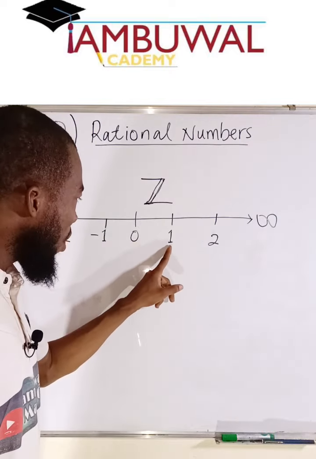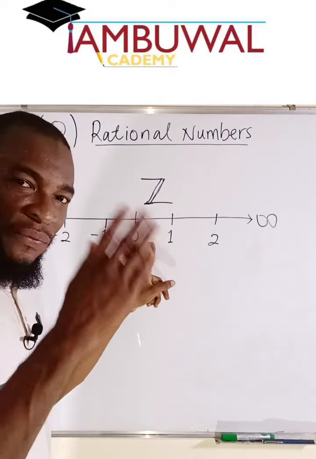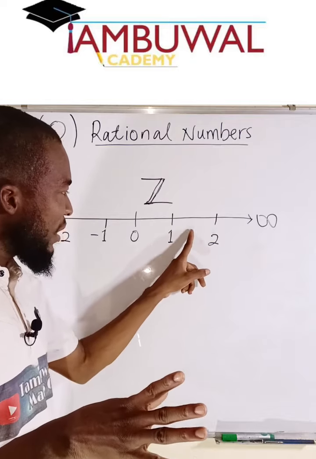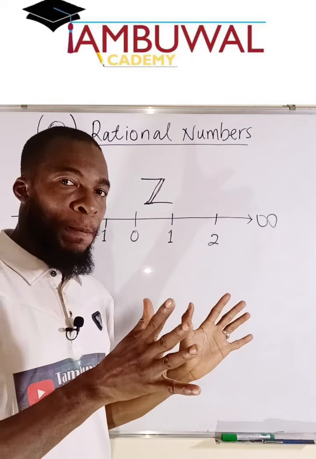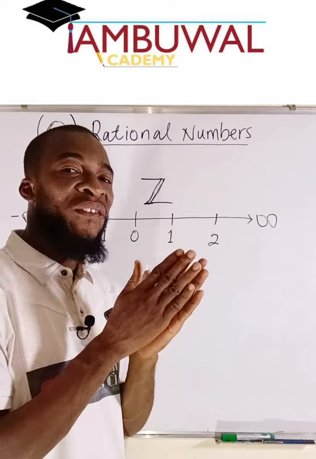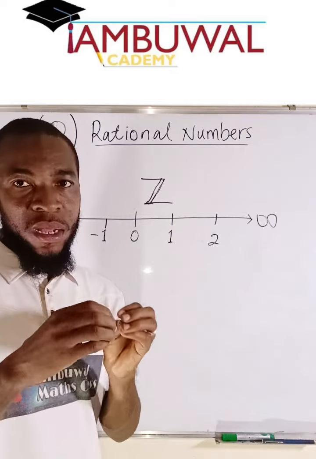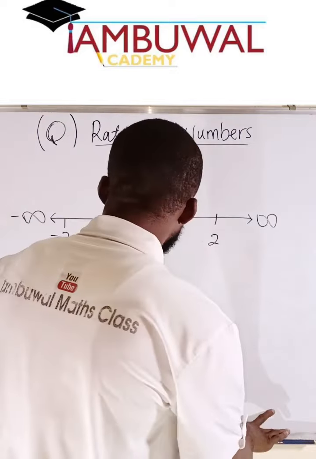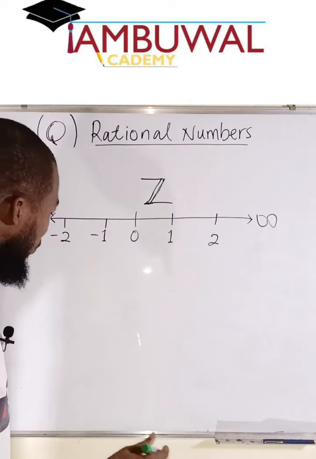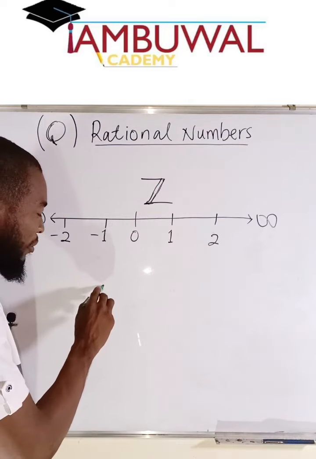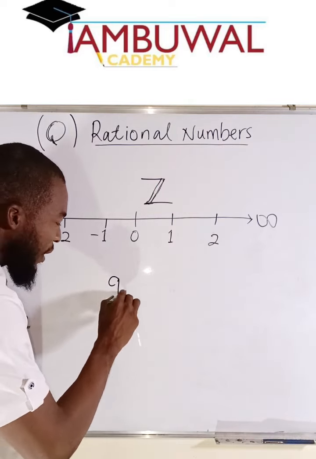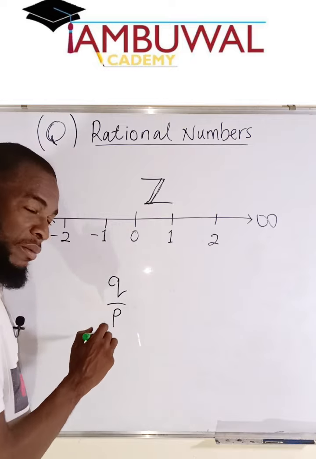In between 0 and 1, we have some numbers, fractions or decimals, right? In between 1 and 2, we have other numbers, but they are not classified under integers. So we're going to talk about these rational numbers, because we have seen that rational numbers are numbers you can express as what? P divided by Q, right?